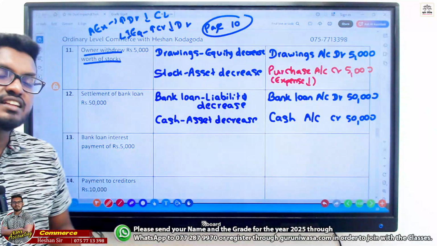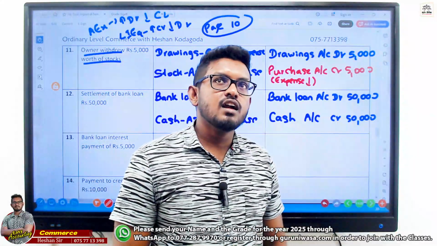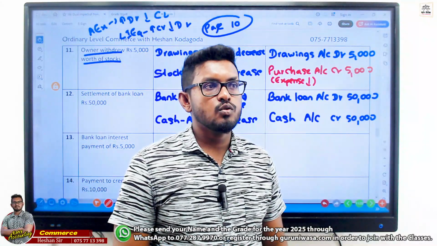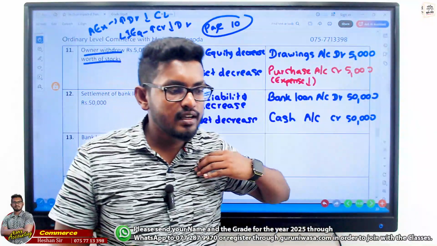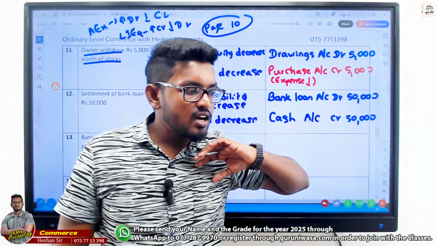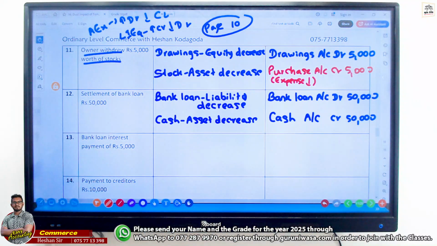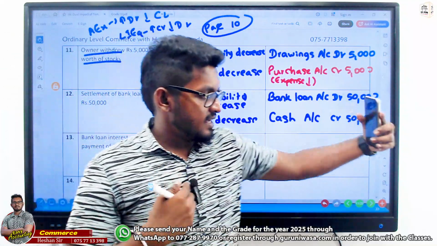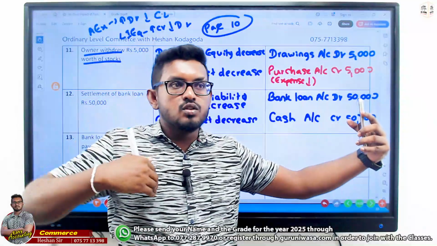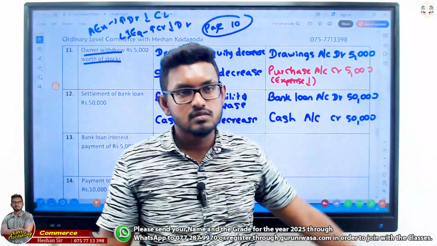When we settle, the liability decreases. Now, if you take a loan from someone, your debt increases. When you give the money back, your debt decreases. When you are obtaining a loan, your liability increases. When you are settling, when you are paying, your liability decreases. Now this person is no more your obligation, right?